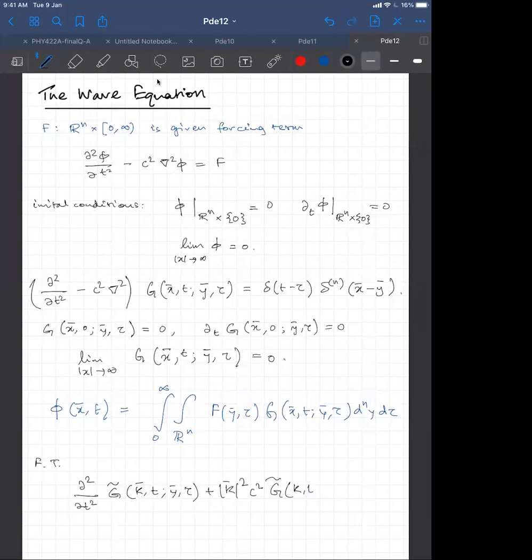This is now going to be equal to the Fourier transform of delta n of x minus y, which is just exponential of minus i k dot y, and a delta function of t minus tau. This is simple, straightforward.